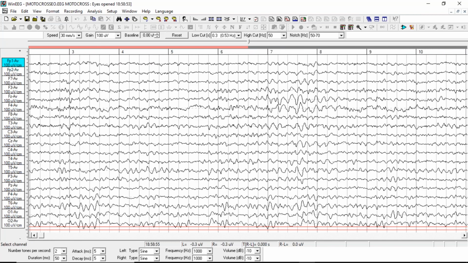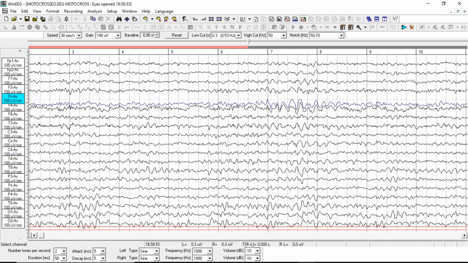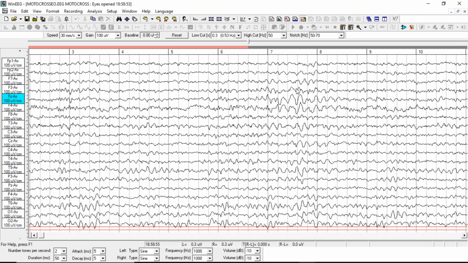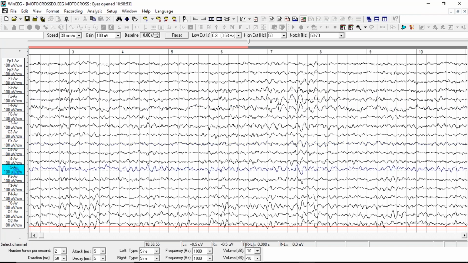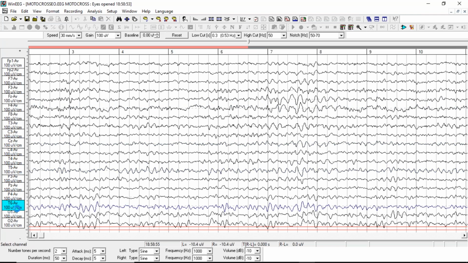And we start seeing here the frontal cortex, the midline FZ to F4, we have some slowing, going down to CZ, the midline, T5, left posterior temporal lobe, T6, right posterior temporal lobe.